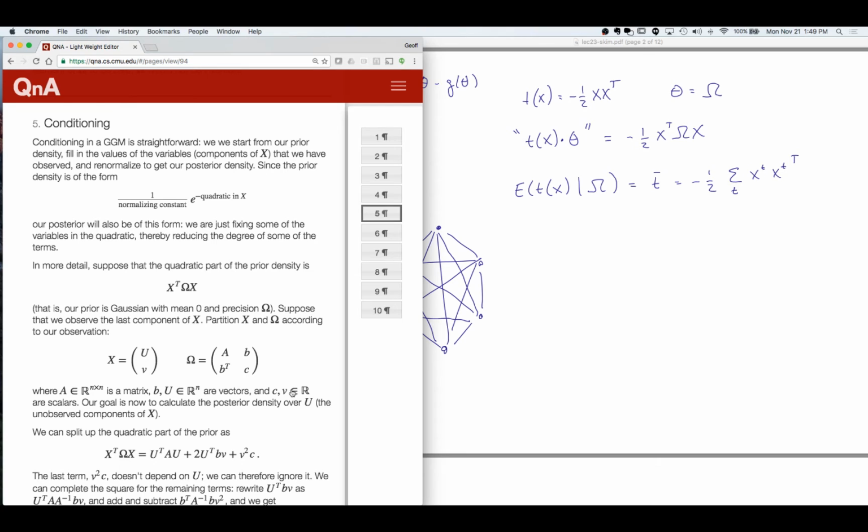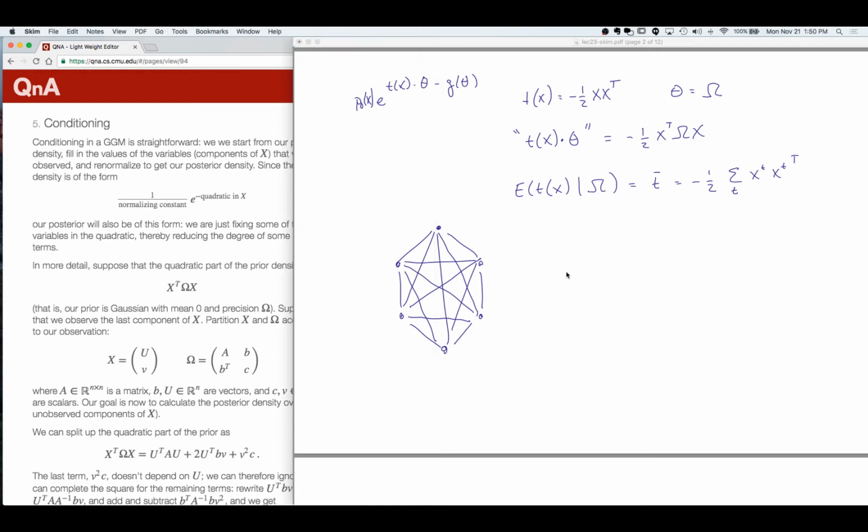And our goal is now to calculate the posterior density over u. So we can split up the quadratic part of the prior, right, like this, right? So if we take u v transpose, a b, b transpose c, times u v, right? Like that.